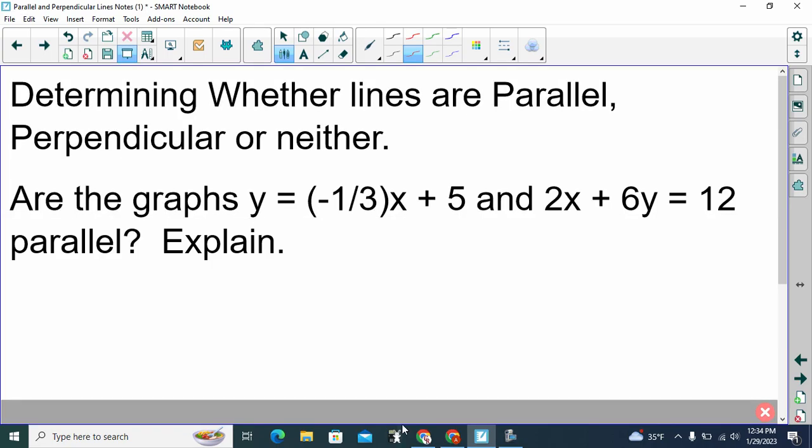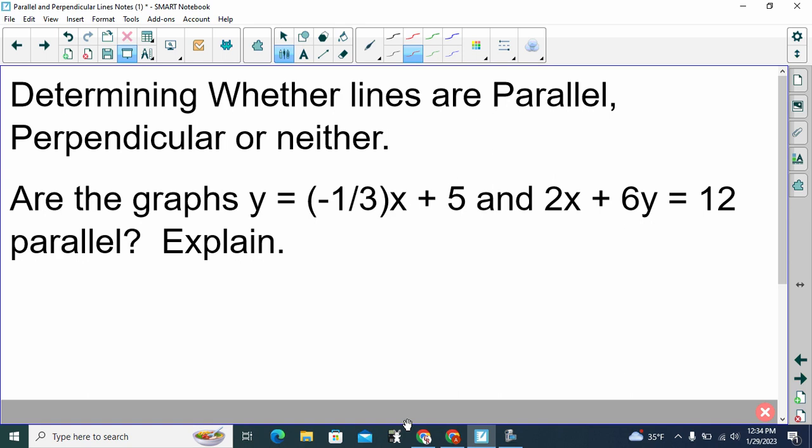One more example like this. Let's do one more. It asks, are the graphs y equals negative 1/3 x plus 5 and 2x plus 6y equals 12, are they parallel, are they perpendicular, or are they neither one? And explain why.